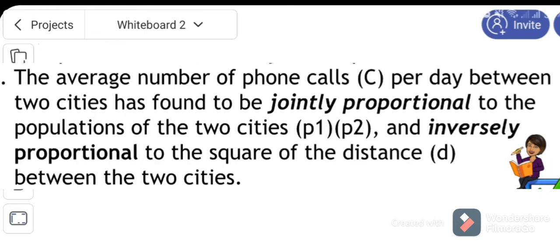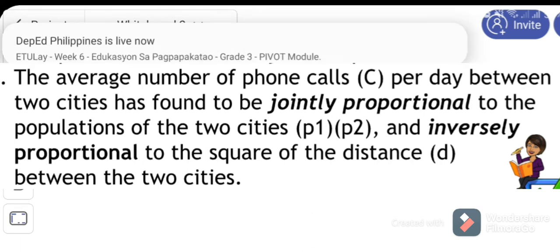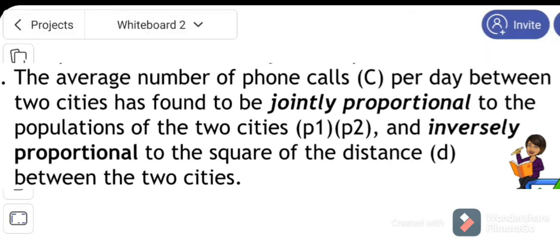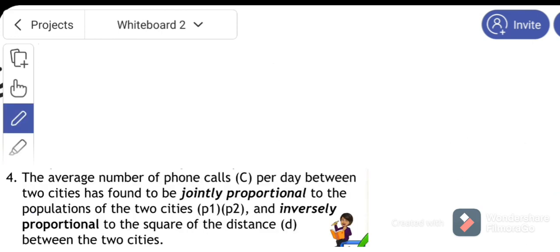The number of phone calls, C, per day between two cities is found to be jointly proportional to the populations of the two cities, P1 and P2, and inversely proportional to the square of the distance D between the two cities.